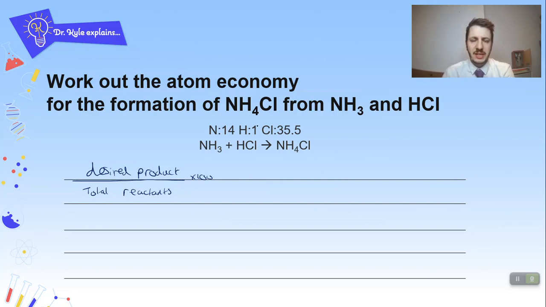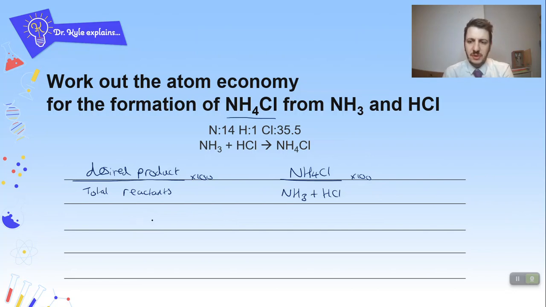So what does that mean? I always think, let's just figure out what we've got here. The desired product is what we're trying to make, the formation of that. So I've got NH4Cl over NH3 plus HCl, and then obviously times 100. Those of you that are particularly good at maths might have spotted it already, but there's a reason why I'm getting you to work this out. So let's put some numbers in.